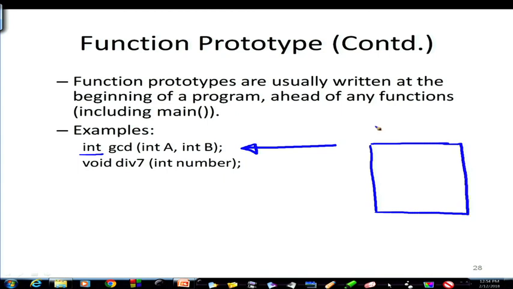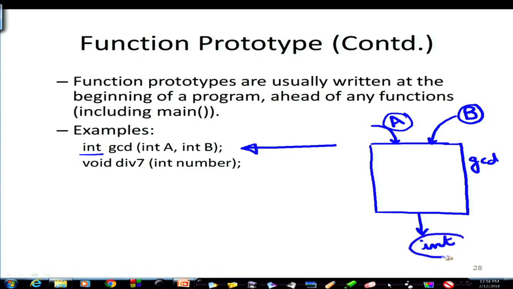What is its input output? There will be some parameters coming, there are two parameters, internally they are named as A and B. I also know that this is an integer and this is also an integer, and I know that its name is GCD, and I also know that its output is an integer. Whatever is in between I am not bothered about right now, this much I know.